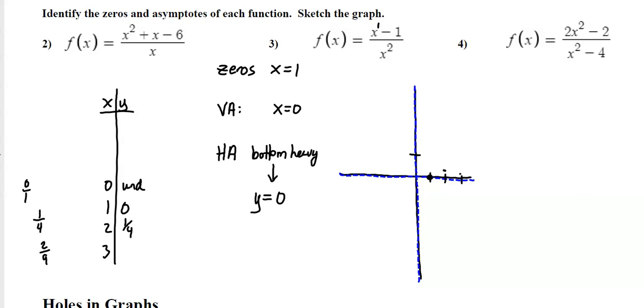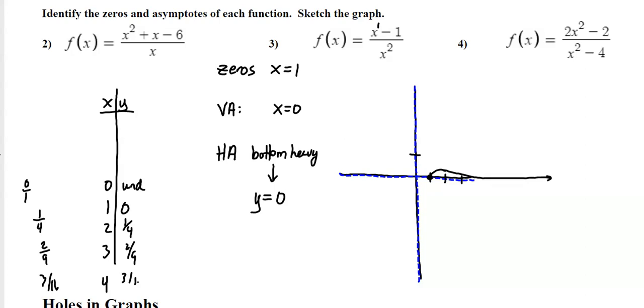So now we're coming down some. And if I put a 4 in there, I get 3 over 16, which is an even smaller fraction. So what's happening is this thing is getting lower and lower and lower over here, and it never crosses the asymptote.